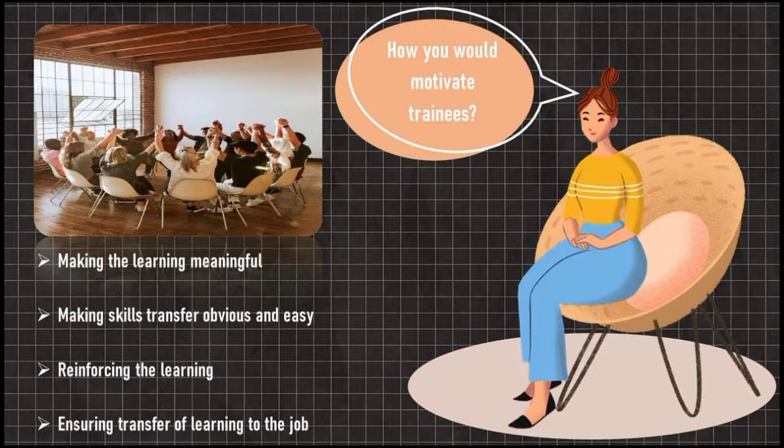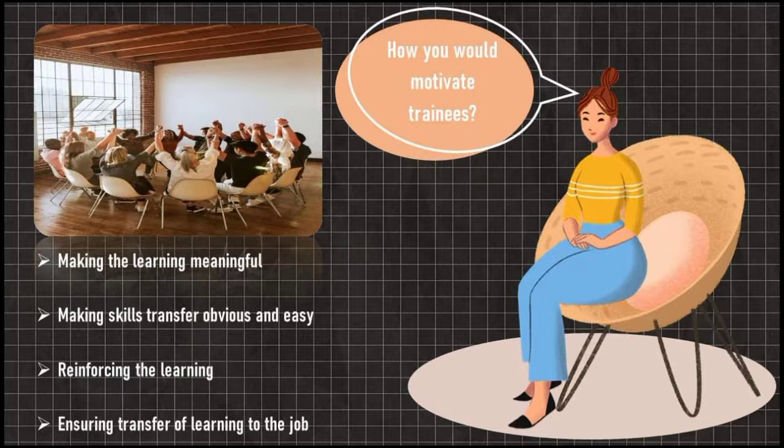Fourth, ensuring transfer of learning to the job. Unfortunately, less than 35% of trainees seem to be transferring what they learned in training to their jobs a year after the training. Prior to training, get trainee and supervisor input in designing the program. Institute a training attendance policy and encourage employees to participate.